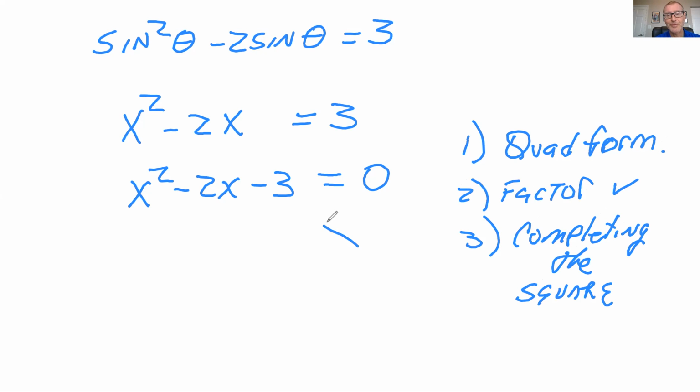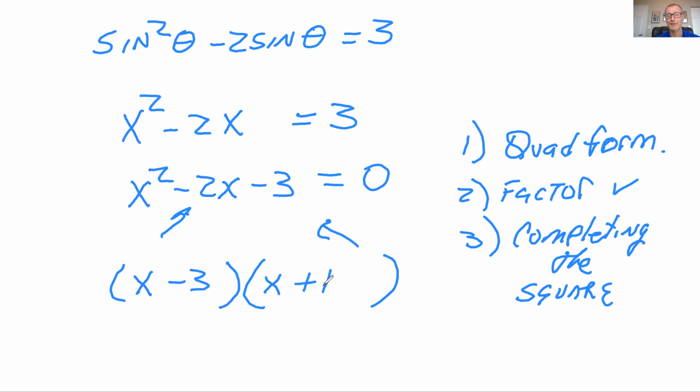I look for 2 numbers that multiply to the constant term and, when you add them together, give you the b term, or minus 2. One has to be a minus and one has to be a plus, because when you multiply those together, you get a minus. So the minus 3 and plus 1 are the two numbers. These two give us minus 3, and then minus 3x plus x gives us minus 2.